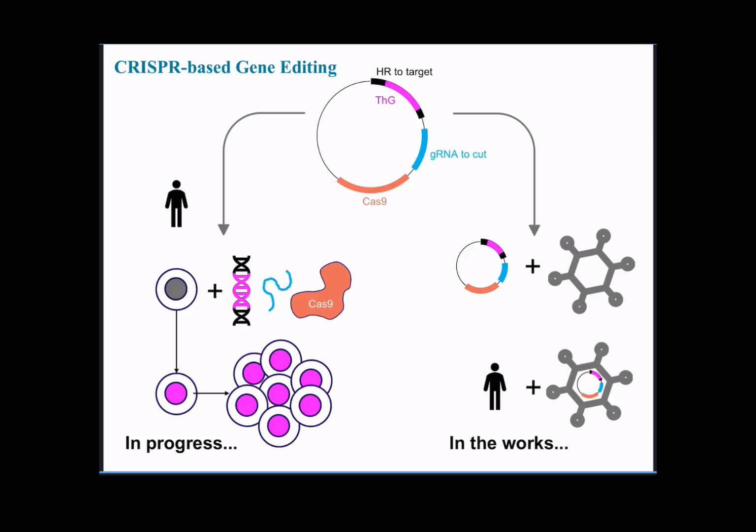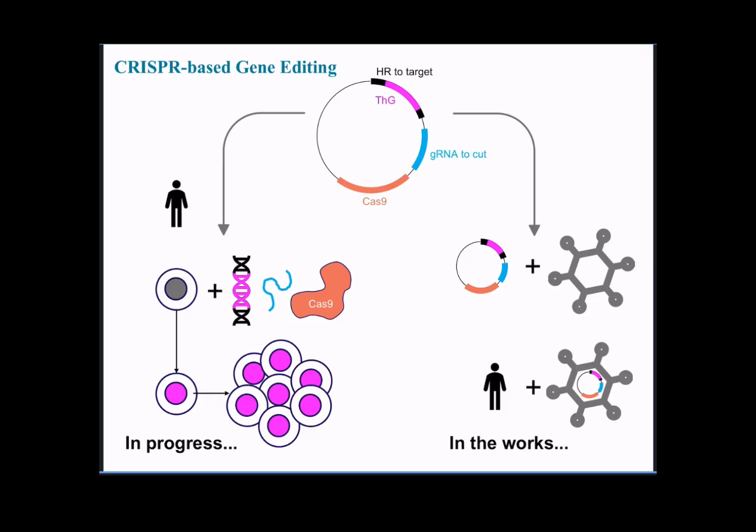Well, let's say sooner, what we can expect is companies taking cells from the patient and, as I said before, deciding on what sequence they would like to target for CRISPR and deciding what sequence they would like to introduce via homologous recombination, and then mix everything together, the target cells, the Cas9, the sgRNA, and the therapeutic sequence for homologous recombination in a dish, recombine or edit those cells in vitro, let them proliferate in vitro, and then reintroduce them in the patient. So this is happening as we speak.